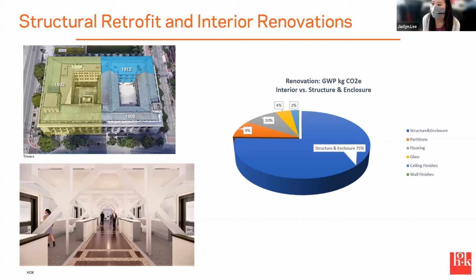It's a small portion in relative terms, only about 25%, about a quarter of what the structure is made out of. So when you're looking at where you can save, you want to start with the structure. You can definitely find some savings in interiors, but it's not going to be as significant. So that is the retrofit interior finishes project.